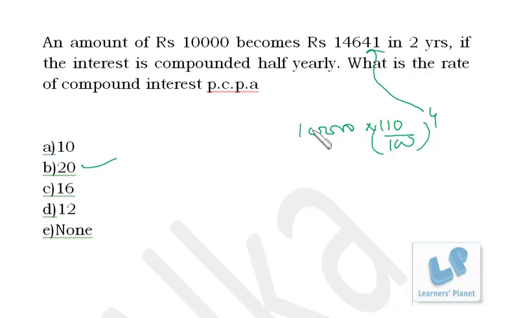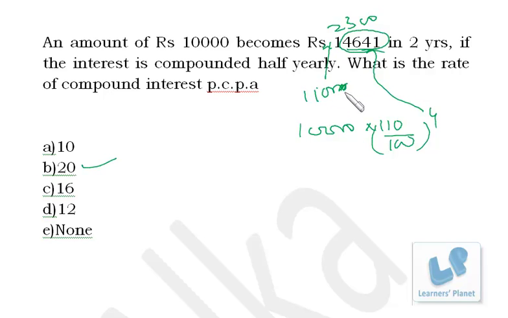And the other way you can go is to get an approximate idea, right? 10,000 for 2 years you are getting the difference as 4641, right, as interest. Okay, that means for 1 year it is around 2300. I'm just telling around, right? 2300 in 1 year. That means in 6 months the interest must be around 1100.